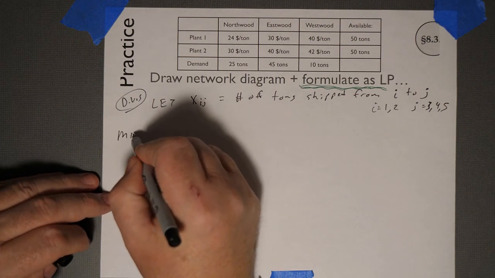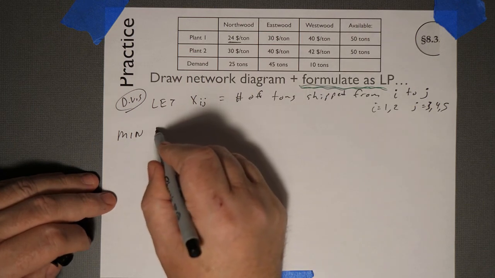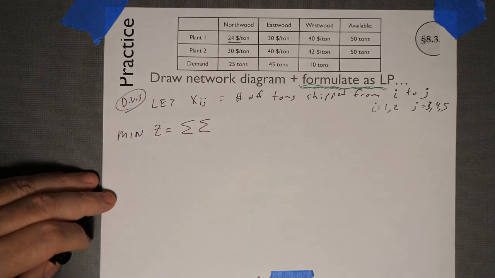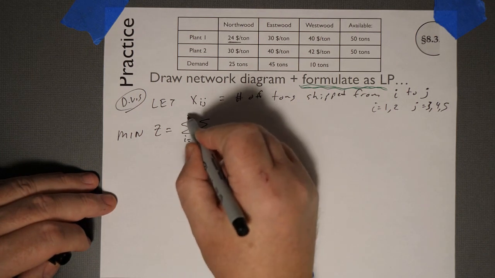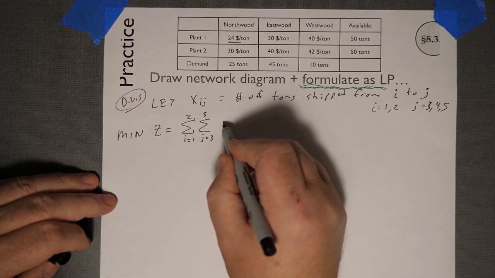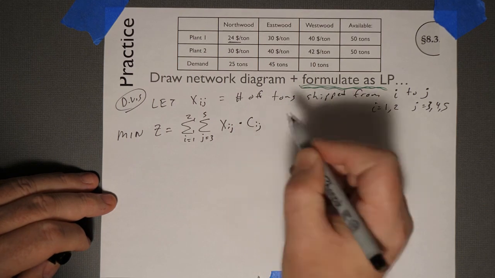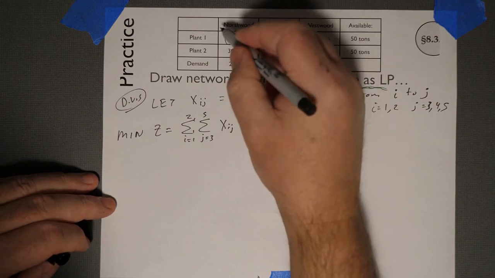So we're given cost in dollars per ton, so we want to minimize total cost. Minimize Z equals, you can use double sigma notation: sum up everything from i equals 1 to 2, j equals 3 to 5, of x_ij times cost_ij, where these are the cost values.